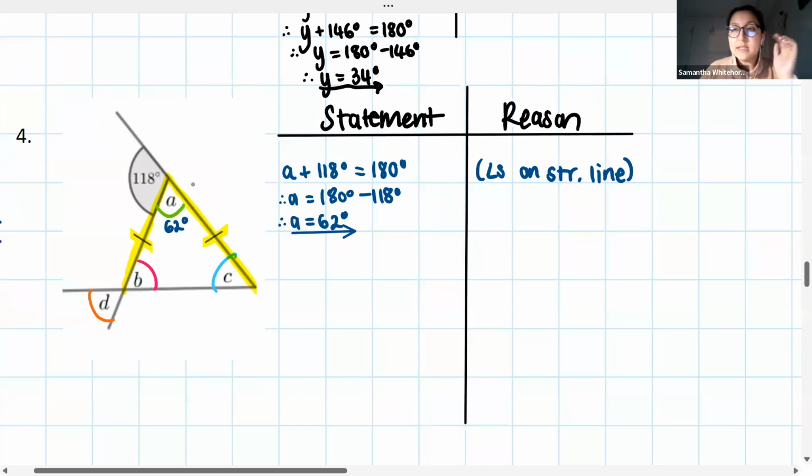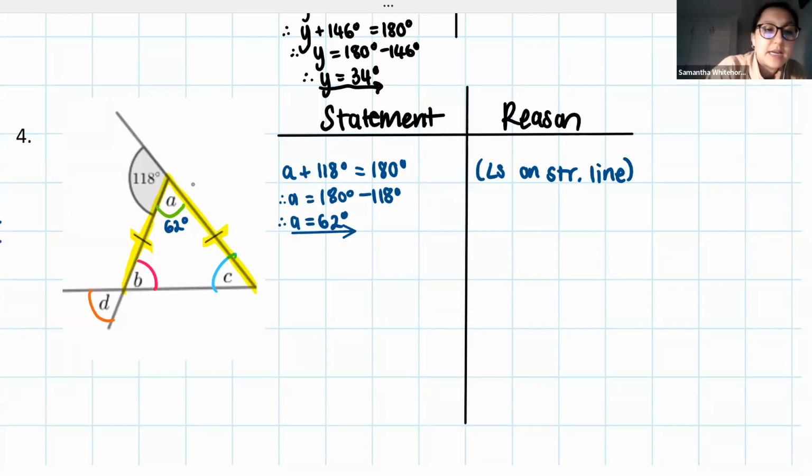So guys, the next thing that I see is that I've got one of the angles in that yellow sort of triangle situation. But what I also see is that because I've got equal sides, I can see that B and C must be equal to each other. Now this goes back to what I said. You now have to write the statement down. You're about to use it for the purposes of finding B and C. You have to write the reason down.